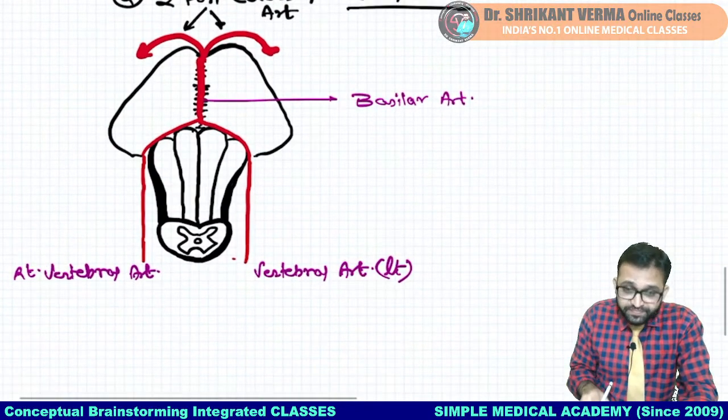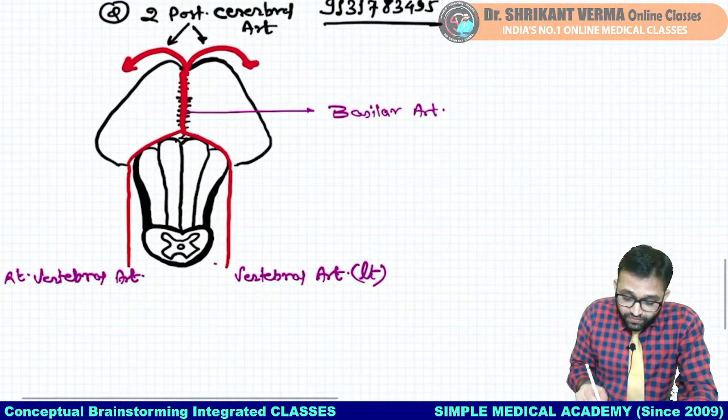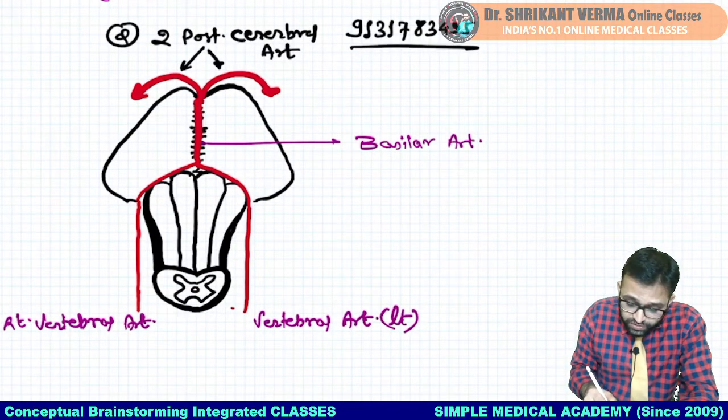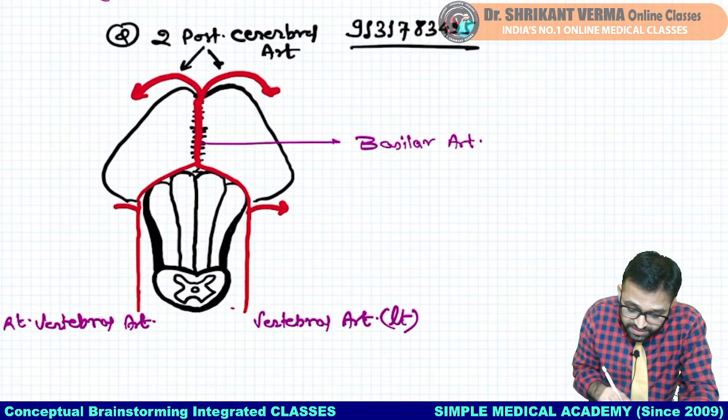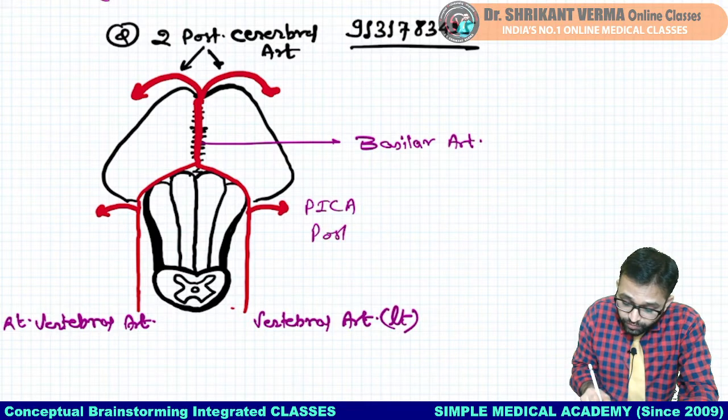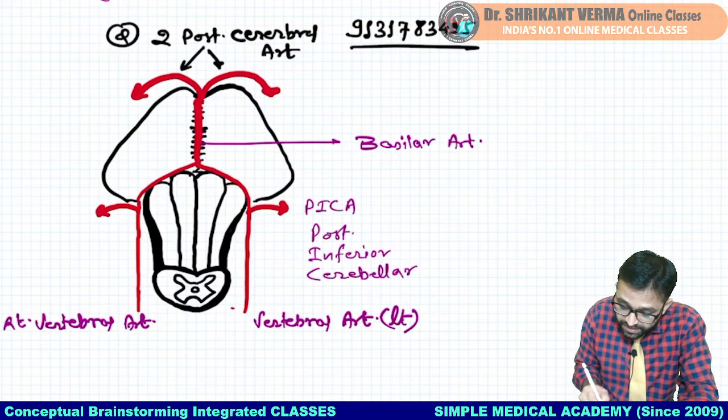See here, these vertebral arteries give one very important branch, that is known as the posterior inferior cerebellar artery. Very important. In short, we say PICA. Yes, this is our posterior inferior cerebellar artery, in short, PICA.